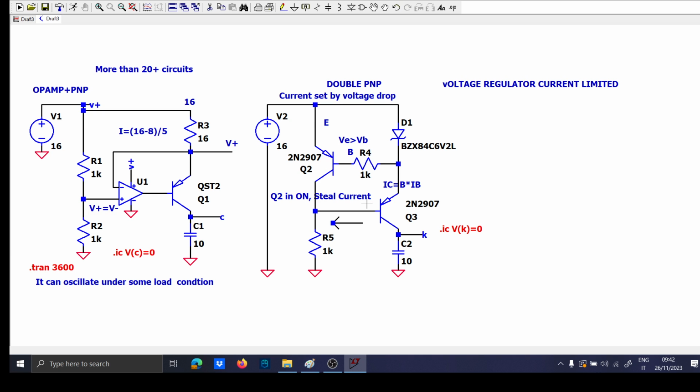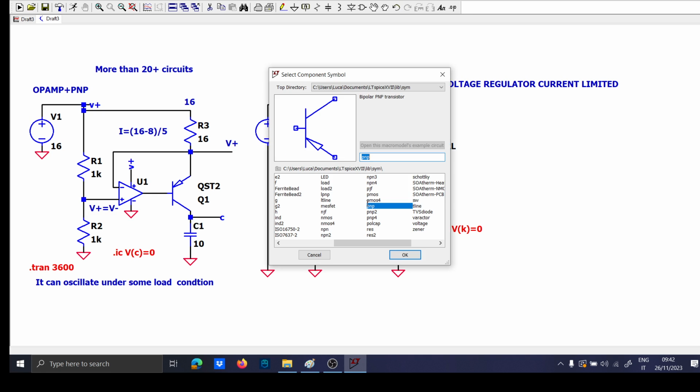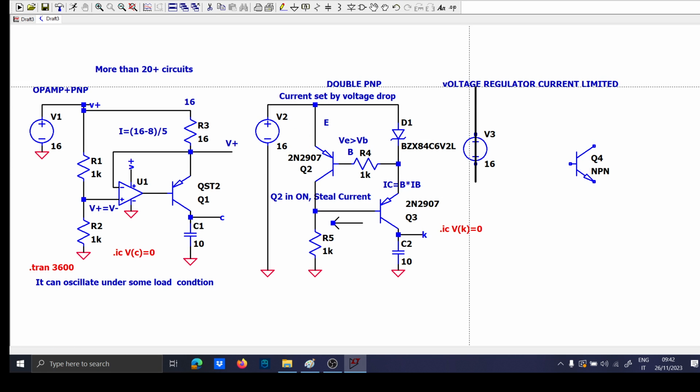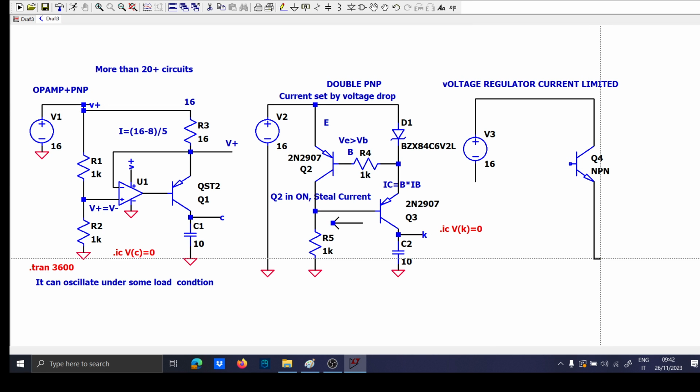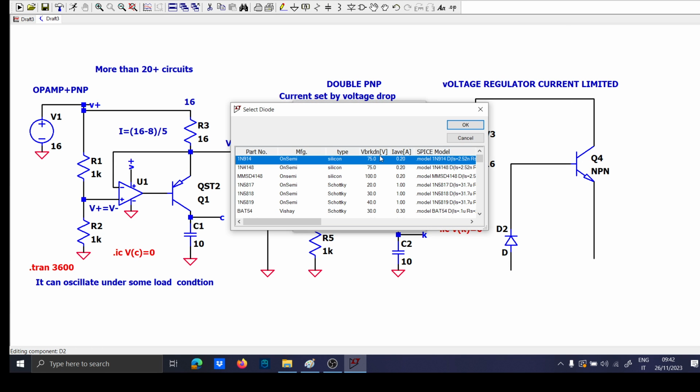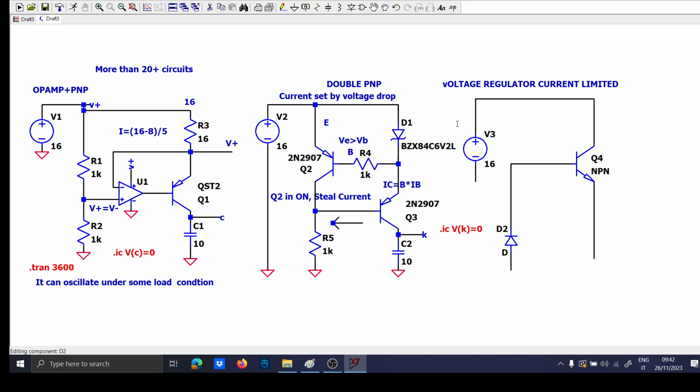To draw the NPN, you should connect this directly to the load here, and now to make the clamping of the voltage, you are going to set this with a Zener here, 6.2.